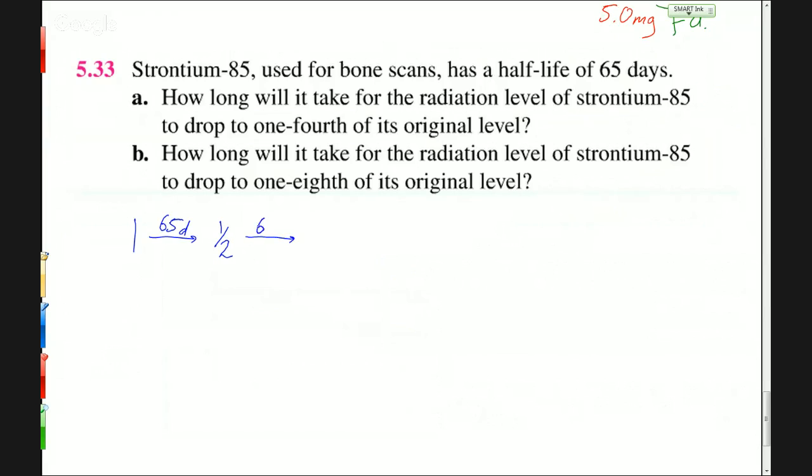So then another 65 days, we cut that half in half. What do you get if you cut a half in half? 1/4, right. And then what if you cut that 1/4 in half? 1/8, right.